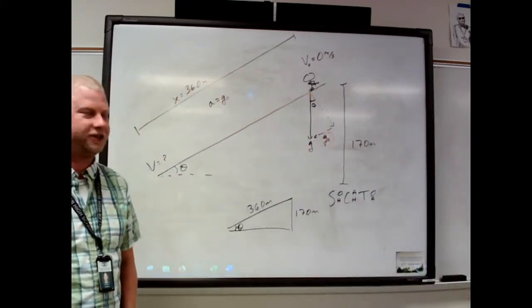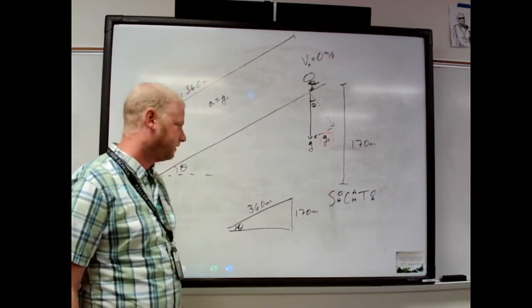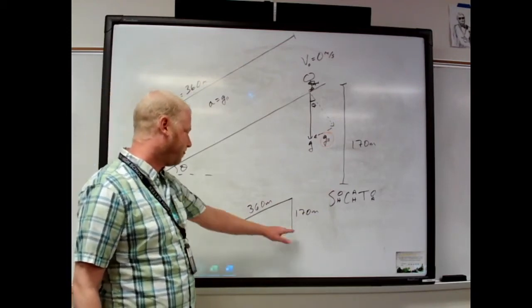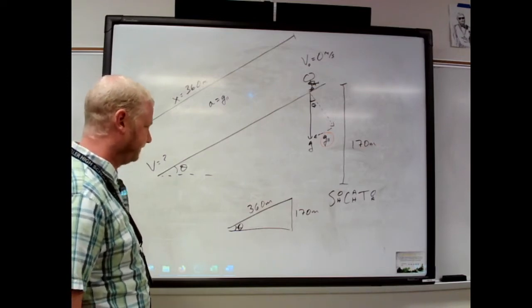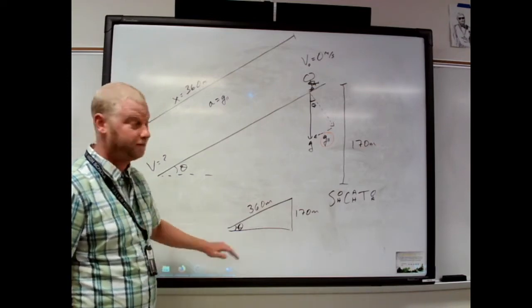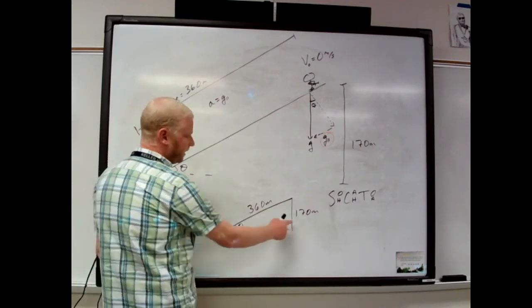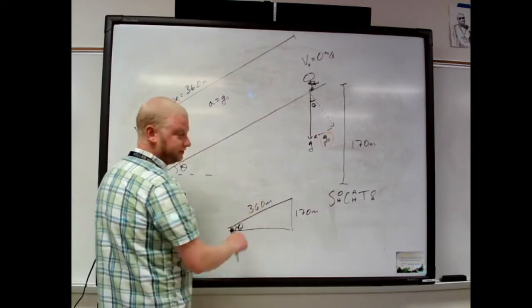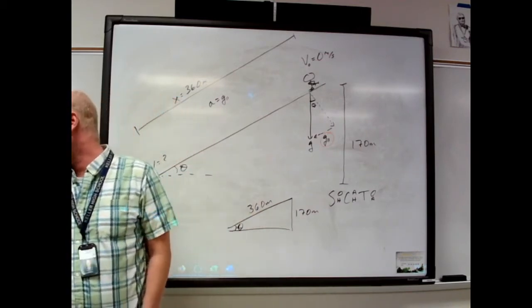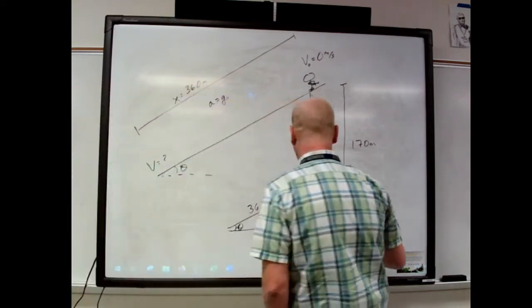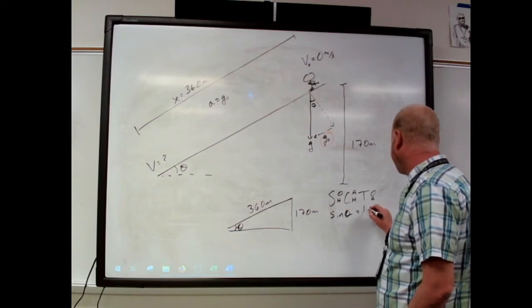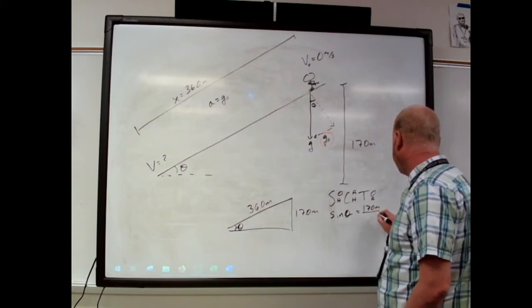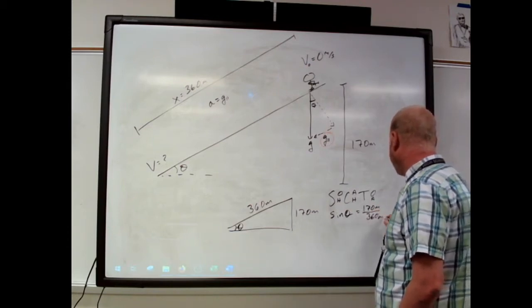So we got to use our trig functions. So if we're looking at this particular right triangle, theta, we've got our opposite side, we've got our hypotenuse, so we've got to use our sine function. Right, so the sine of your unknown angle is equal to opposite over hypotenuse.